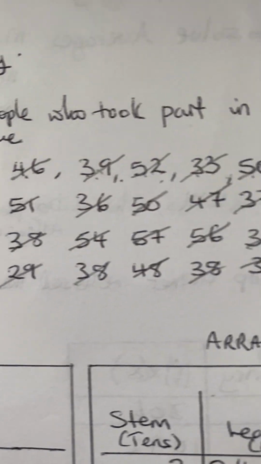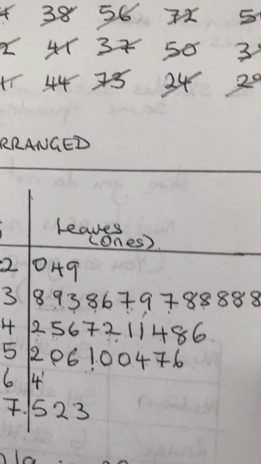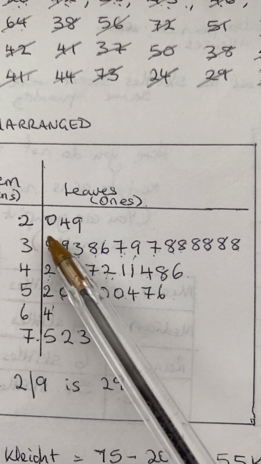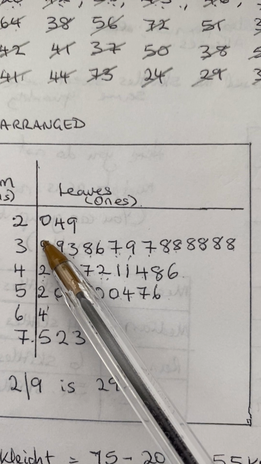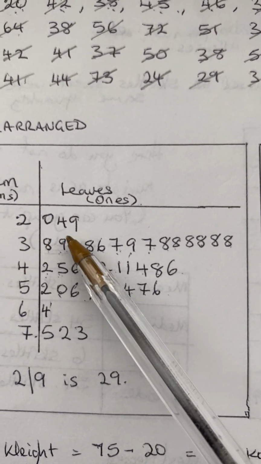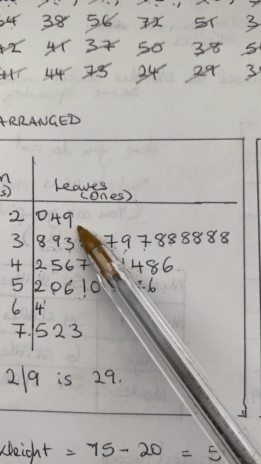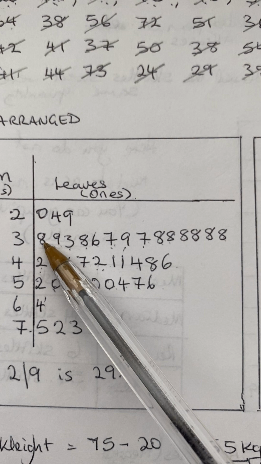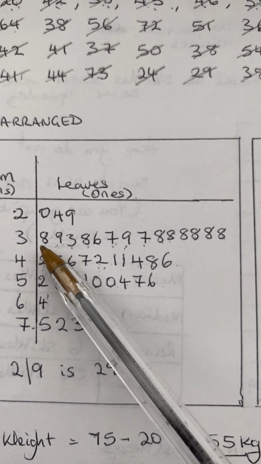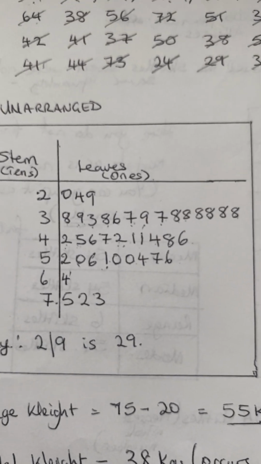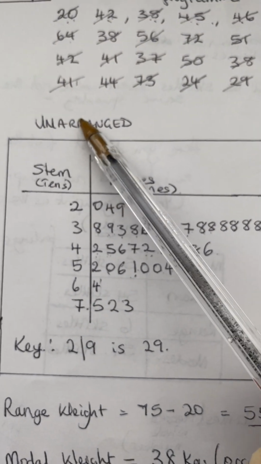This data has now been organized this way. So I know 20 is 20, 24 is 24, 29 is 29, 38 is 38, 39 is 39, and so on. So this is the unarranged diagram.